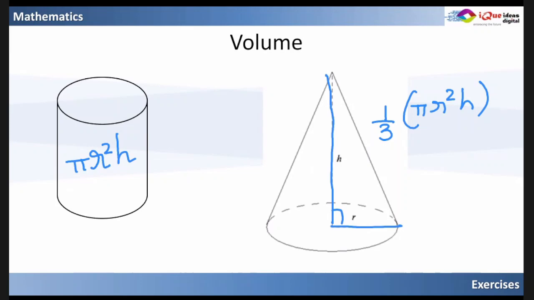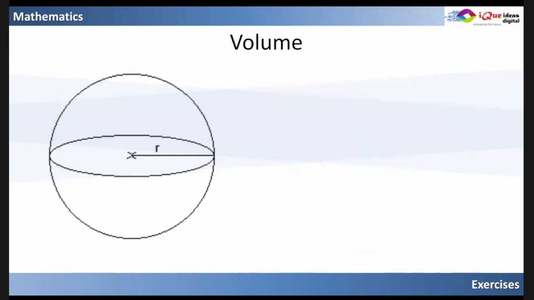And finally, for a sphere, the volume of a sphere with radius r is 4/3 pi r cube. Just basic formula to be kept in mind.